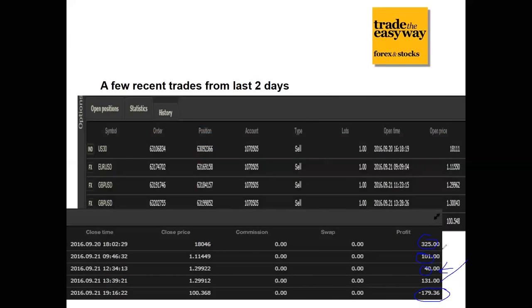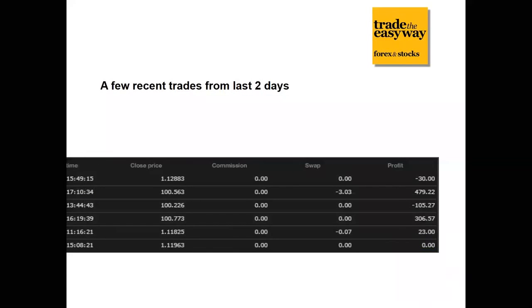So overall, I think that's a good £300 profit on that account. And there's another one. So I've got minus 30, plus 480, minus 100, and then some other trades there.